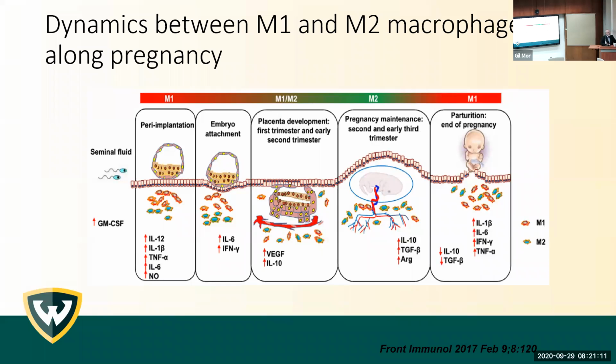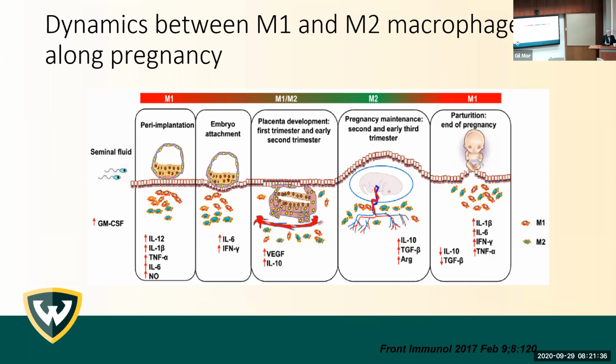So now we know very well that in the pre-implantation, as well as the early implantation, the dominant macrophage is the M1. As the whole microenvironment of the decidua and the implantation site starts switching towards an anti-inflammatory, the macrophages will also change and they will become M2.